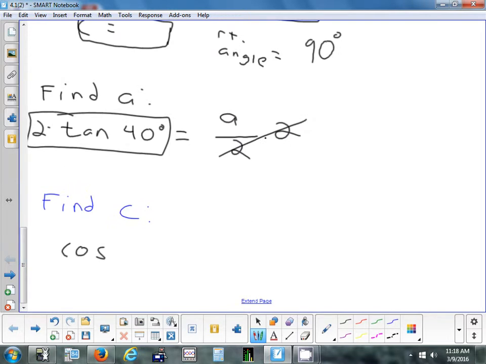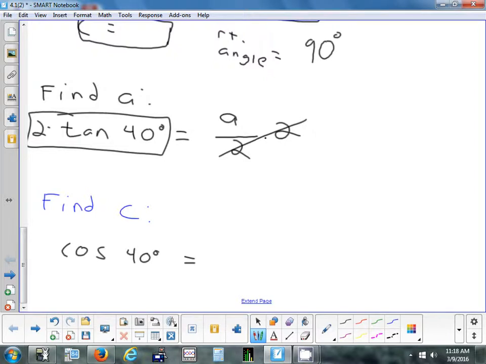So it's going to be cosine of, what am I going to put right here? Cosine of what? It's going to be C over 2. All right, so we got to figure out that fraction on the other side. But first, what do I have to put here? That'd be 40, right? Yeah, that's my argument.